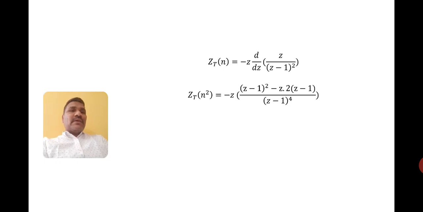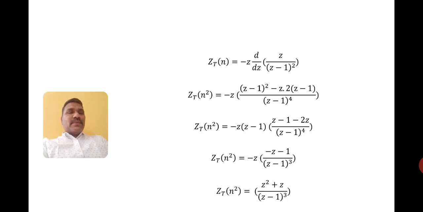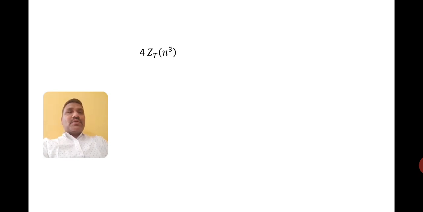The common thing we observe here is Z minus 1, and after simplifying this we obtain the final answer as Z square plus Z over Z minus 1 whole to the power 3. This is the basic thing you have to remember.